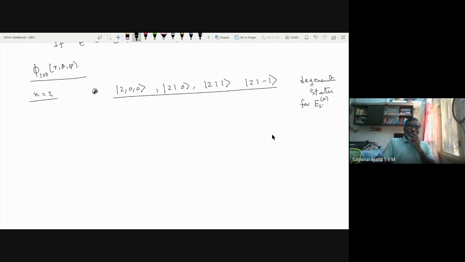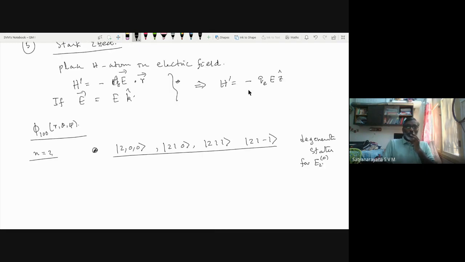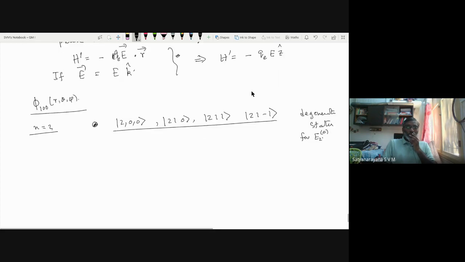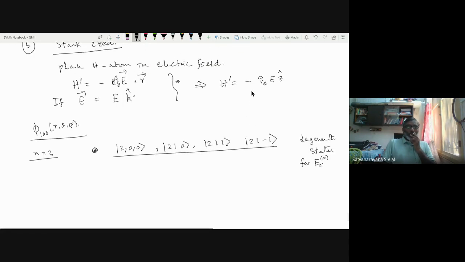Now if you apply this Hamiltonian, if you look at this perturbation, whether the degeneracy in these levels will be lifted or not. Okay, but notice that in this basis, this H prime is not diagonal. That means this is not an eigenbasis of this H prime, so these are not eigenstates.